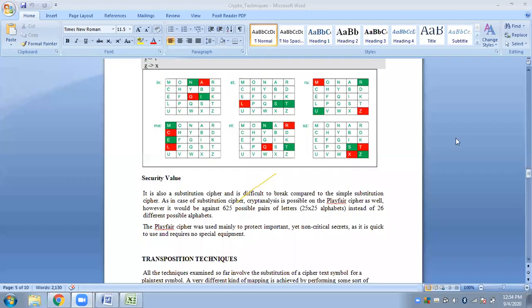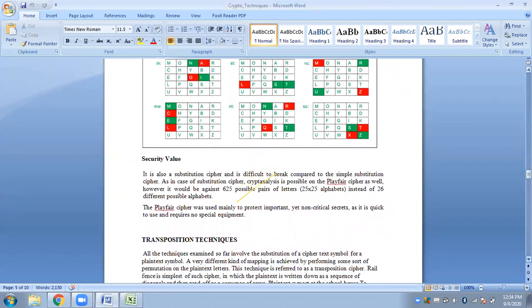Today we will discuss a new technique, which is the transposition technique. The difference between substitution and transposition technique is that in substitution we replace the plain text characters with ciphertext characters based on some key values.